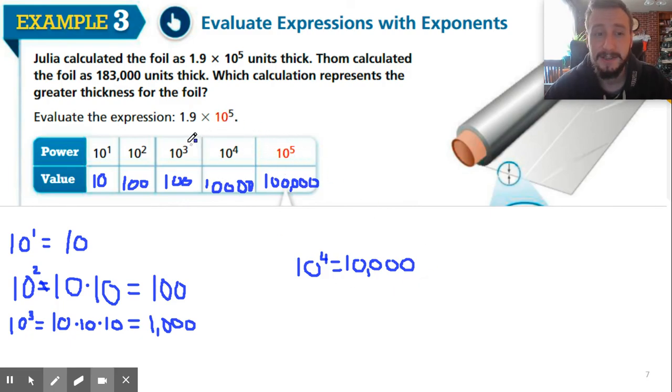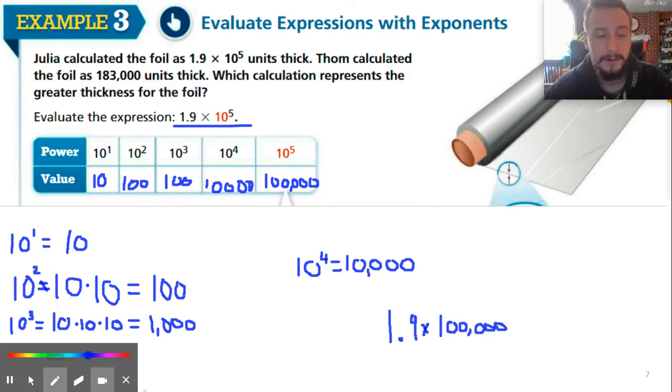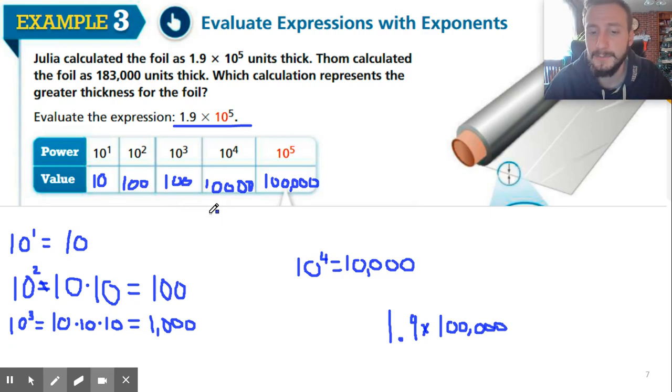So we just solved what 10 to the 5th power is. It's 100,000. So let's solve the entire expression. 1.9, so 1 and 9/10 times 100,000. If we were to estimate, if we were to just guess what this would be without a calculator or anything like that, 1.9 is really close to 2.